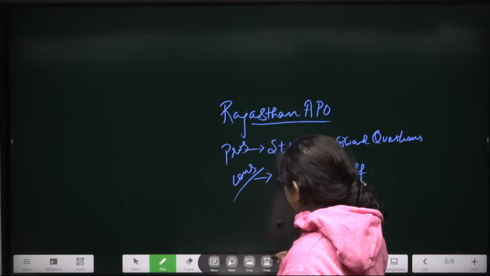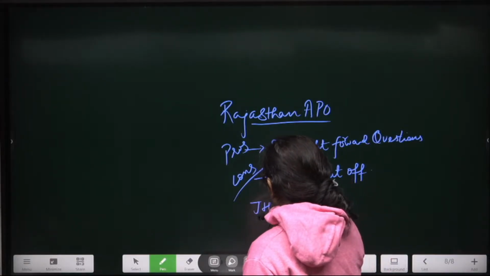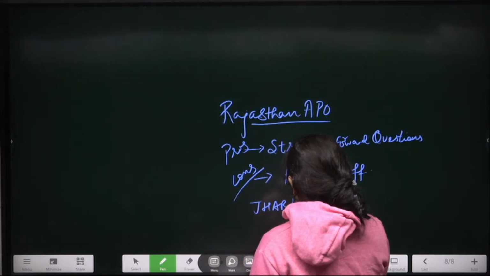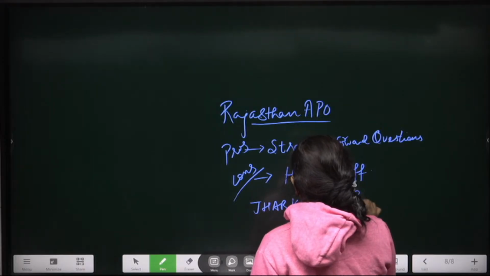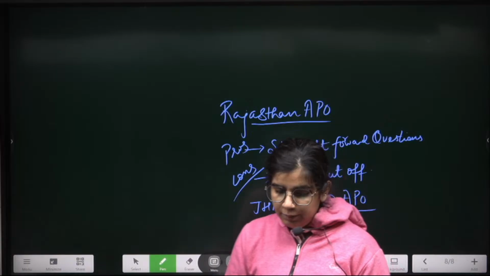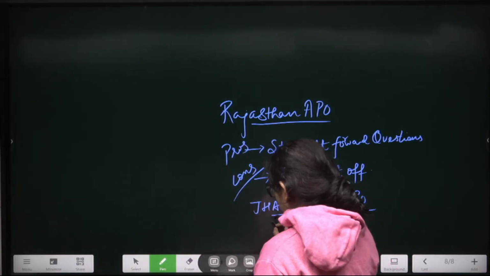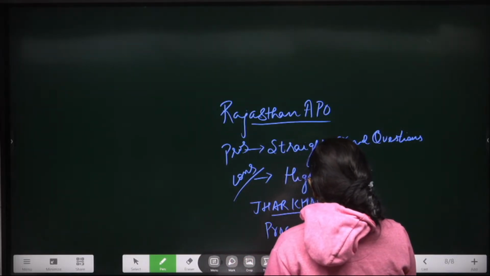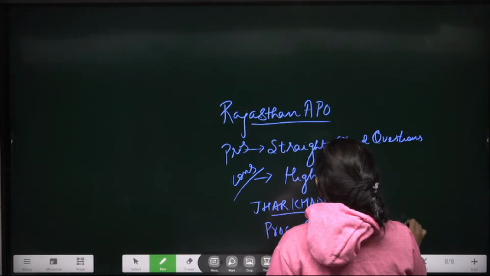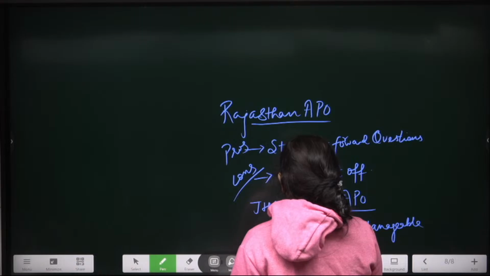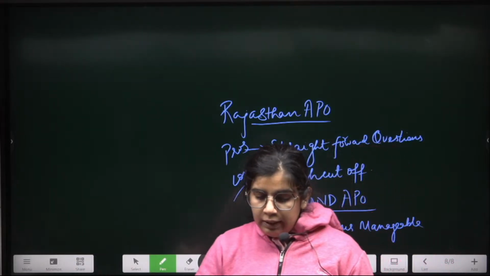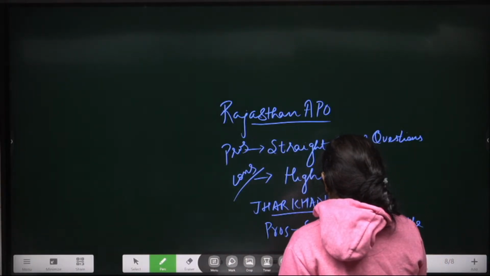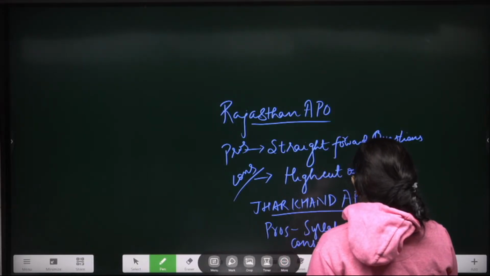Third is your Jharkhand APO. In Jharkhand APO, the pro is that the syllabus is manageable, and the con of the paper is that there is an inconsistent exam cycle.